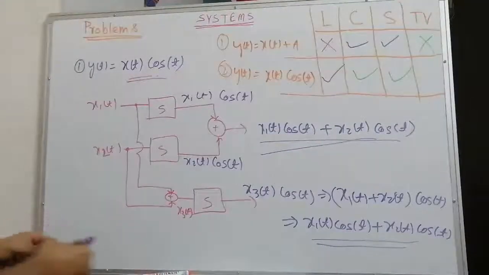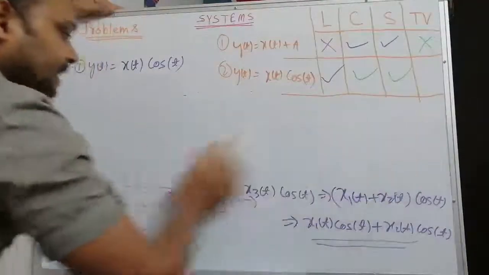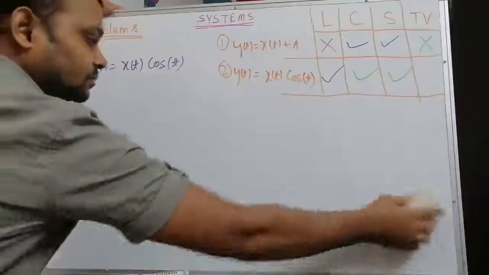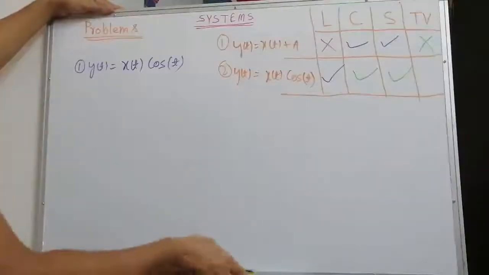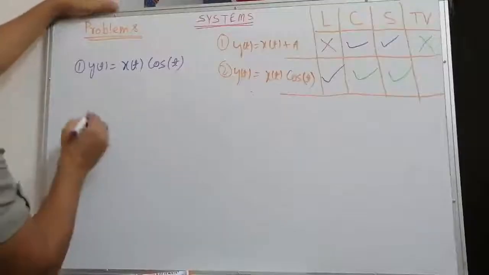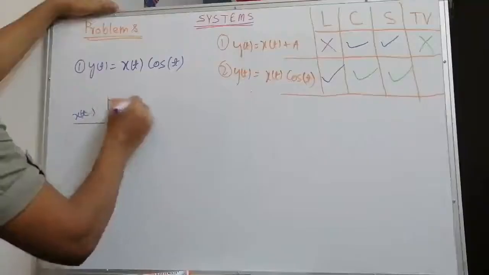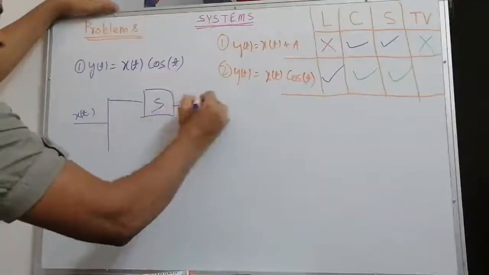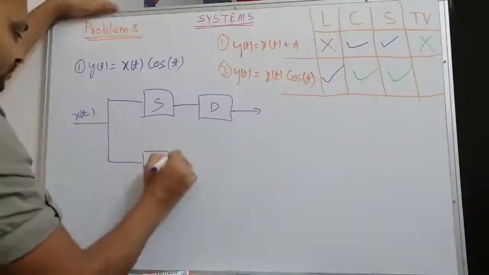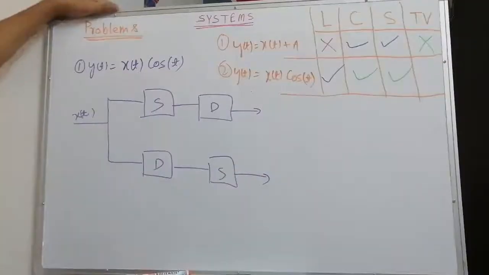Now let us check whether the system is time variant or time invariant. For that also we have to make a block diagram: x(t), then system, then delay, which gives some output; and then delay, then system, which gives some output.